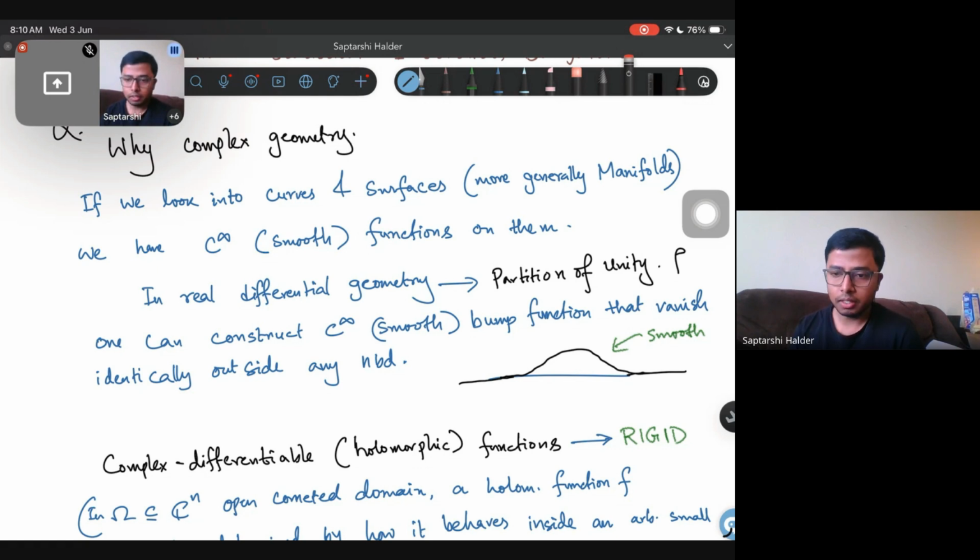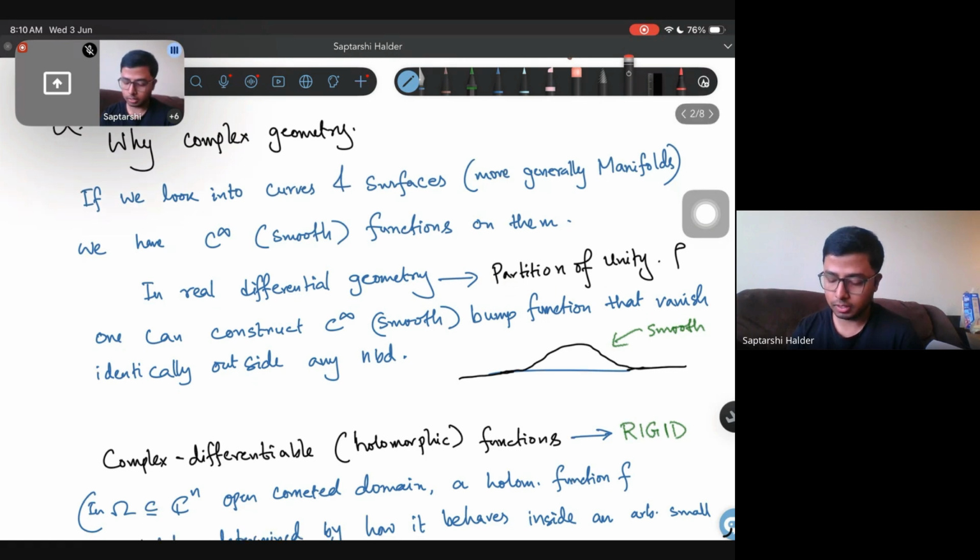If we can define a C infinity function over a particular neighborhood, then using a partition of unity rho, which is C infinity, we can define it globally. You can take it as a bump function for now, like what I have given here. Just multiply it with that function and it gives a global function which is C infinity.